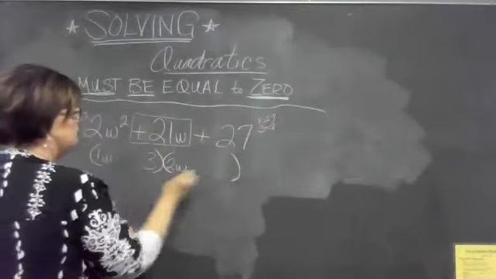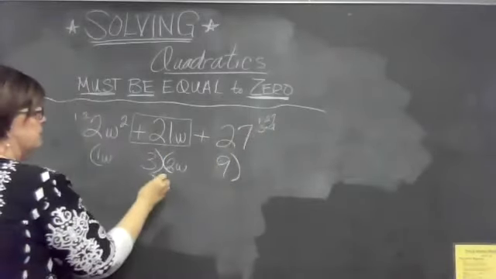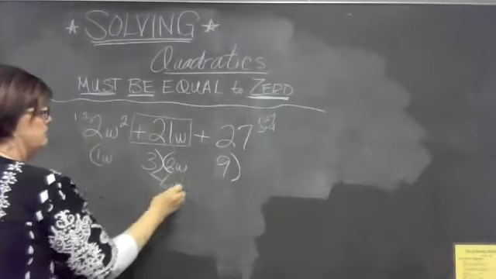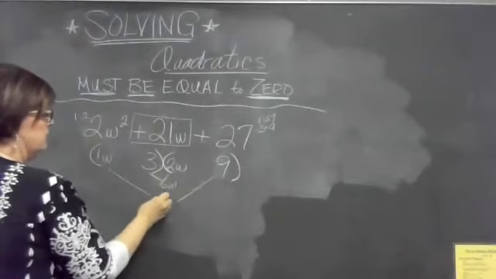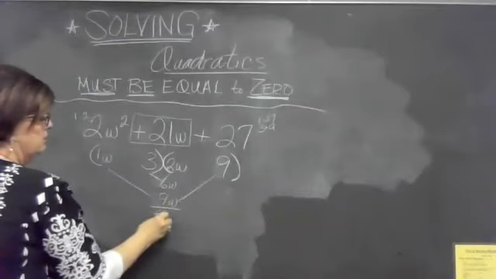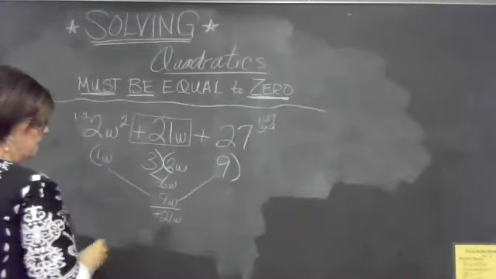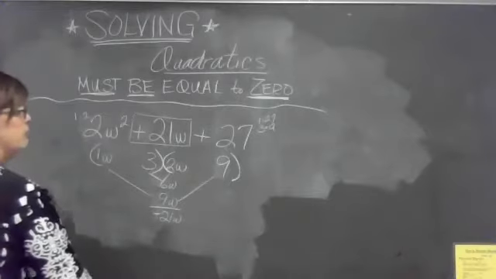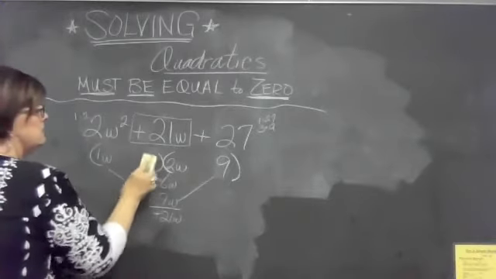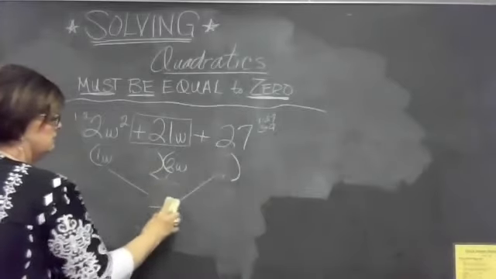So I'm just going to try this. This makes 6W. This makes 9W. And there's no way I'm going to get a positive 1W out of that. But we call this trial and error, which means I can switch these.